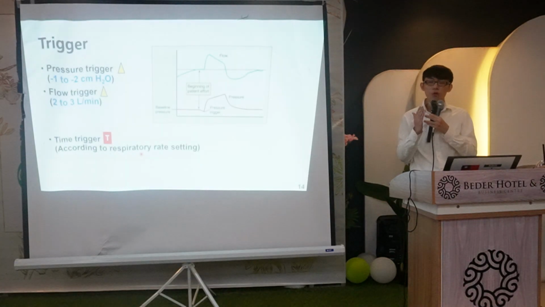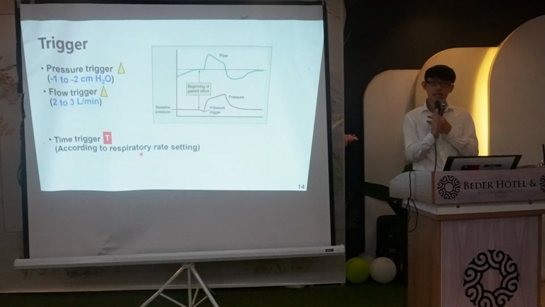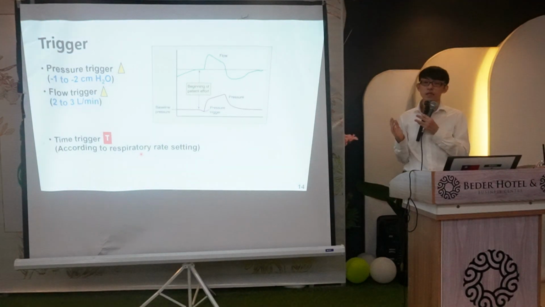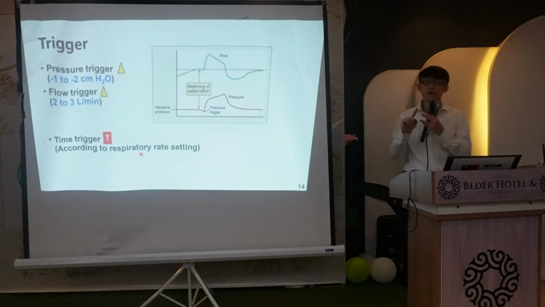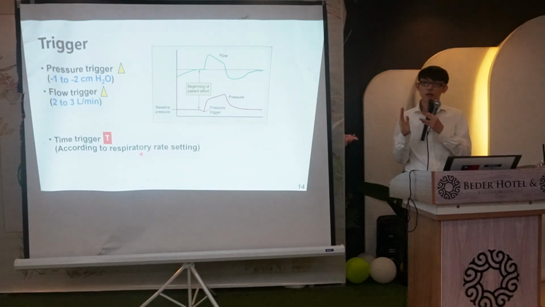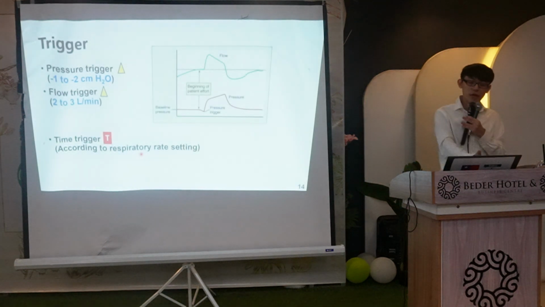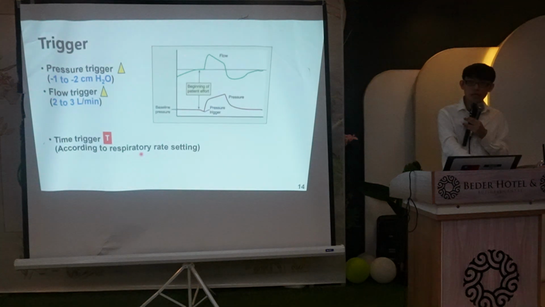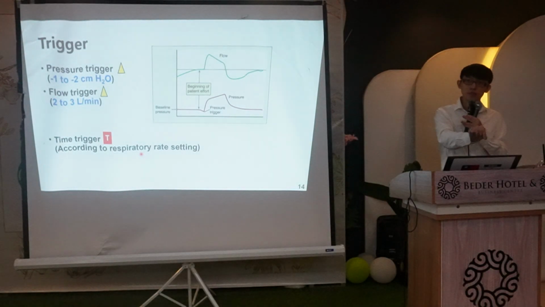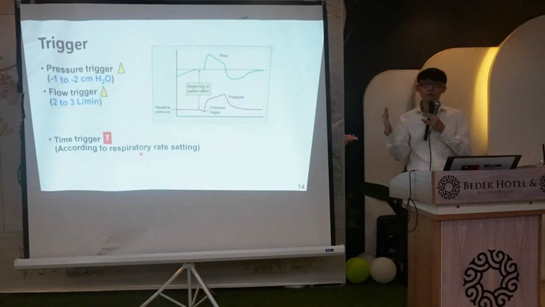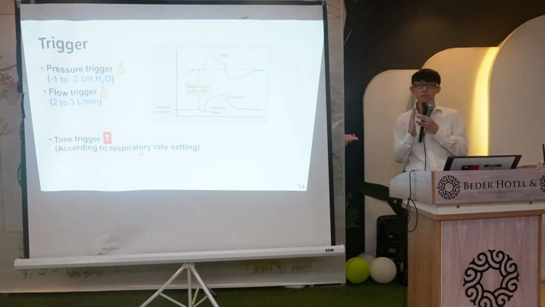So maybe 1 is high sensitivity to sense the patient's trigger, and 5 is low sensitivity to sense the patient's trigger. Different devices have different units, different scales. And if you look at these ventilator settings, it's like this. It's the scale, not the specific value. You can start from the median value. So maybe for 1 to 5, you can start from 3 and increase or decrease according to the patient.